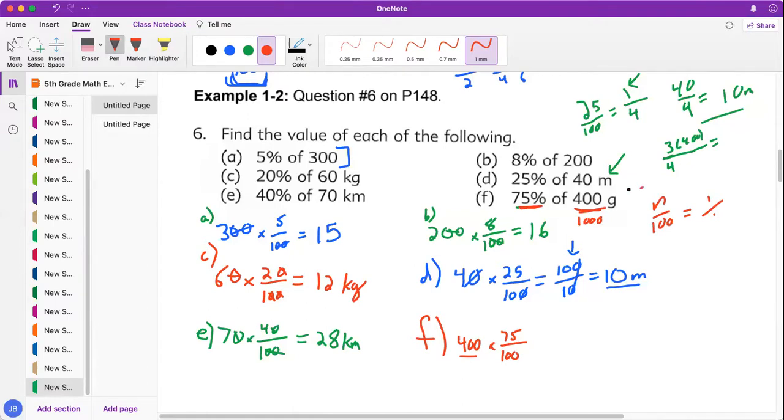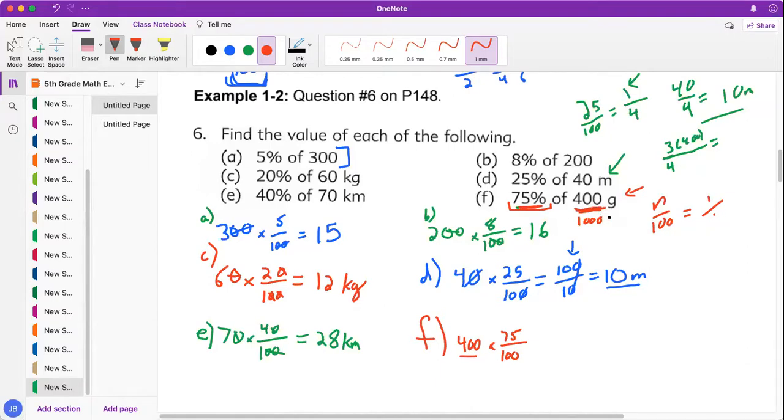And so this 400 grams is just a whole 400 grams, and we want to know what 75% of that is. So your percent will always be the fraction. Unless they told us, we wouldn't know how much to put this one over.